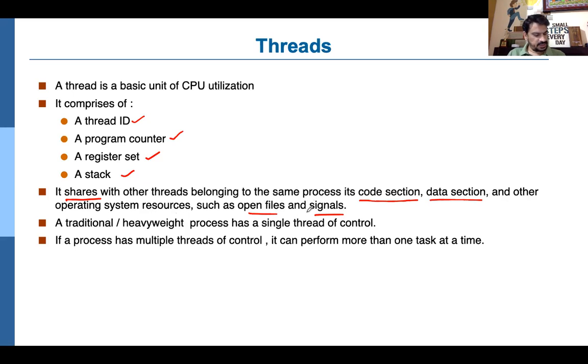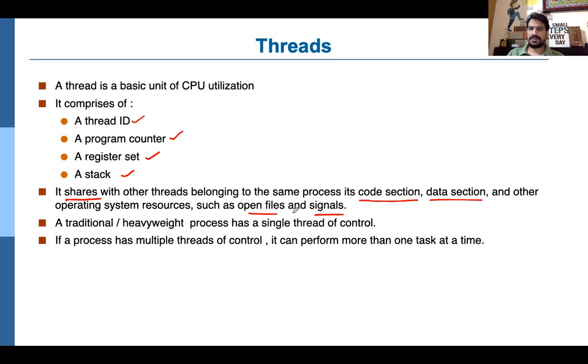So you remember that a process is nothing but a program under execution. One program or one application has many processes, and one process may have many threads. So it is like that only.